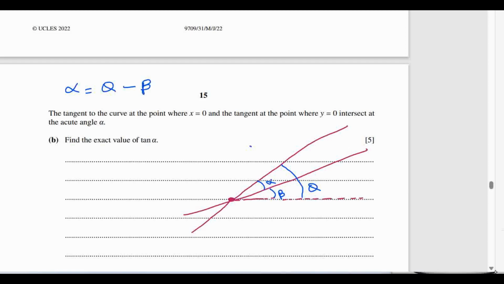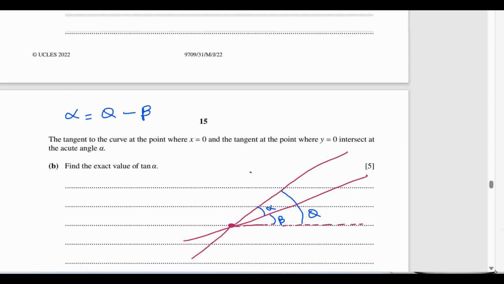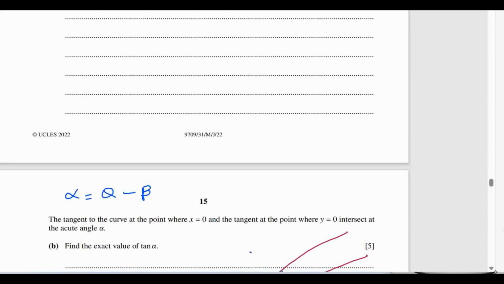First of all, this is a very basic concept: let's suppose we have a straight line, and the vertical distance is the change in the vertical component, and the horizontal distance is the change in the horizontal component.